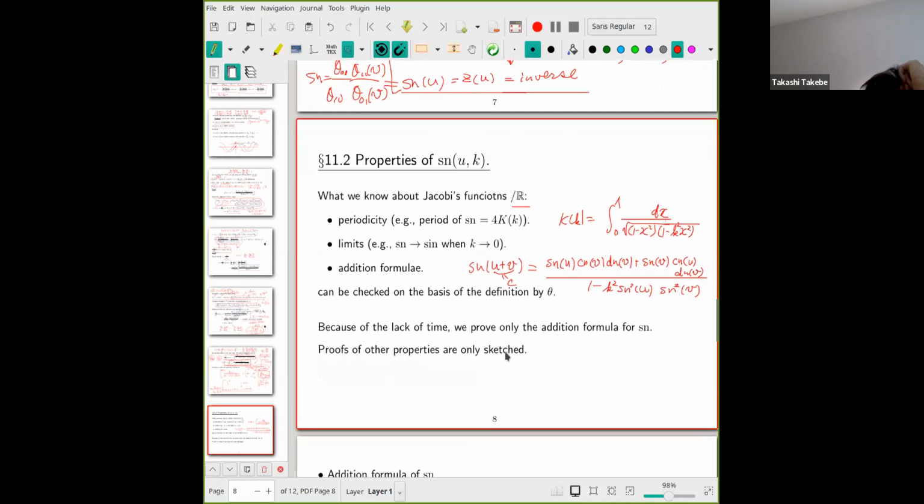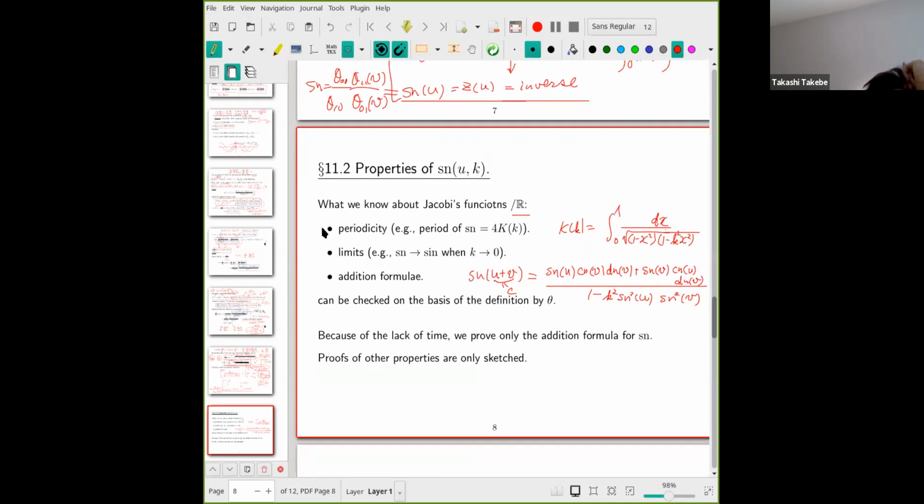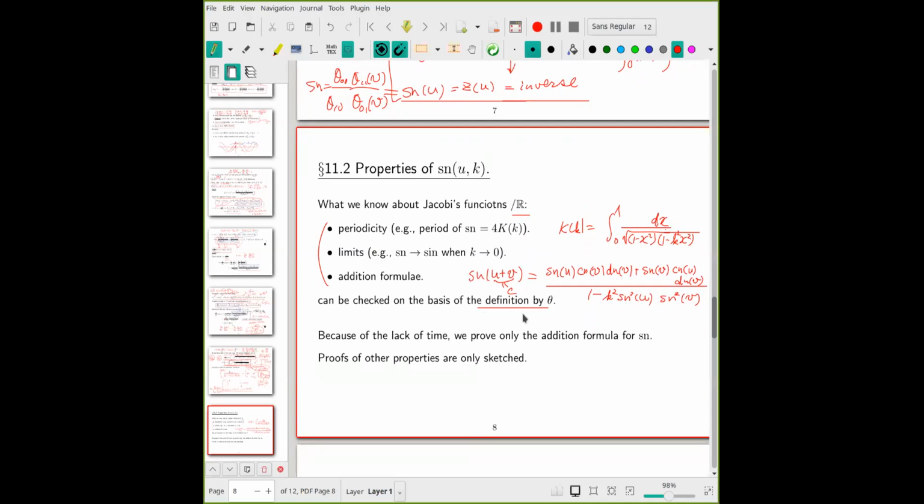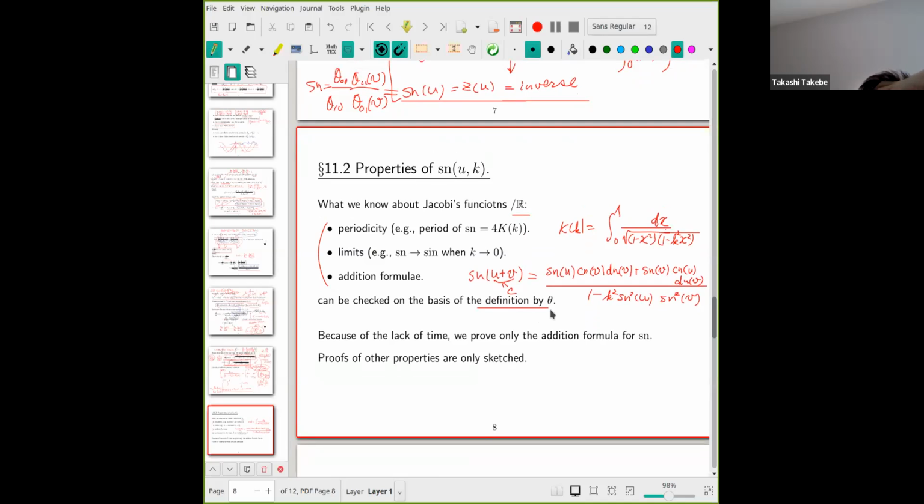So let's check these properties by using theta function, properties of theta functions.